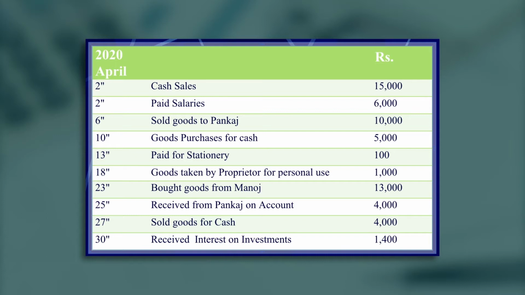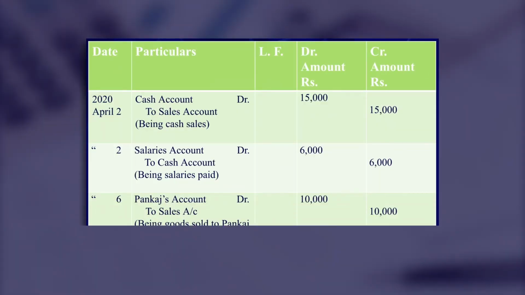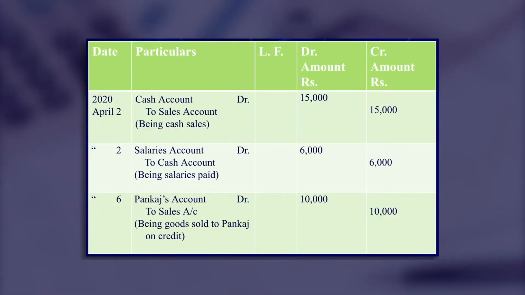Next one is sold goods to Pankaj. It means the business has made sales to Mr. Pankaj. When the name of the customer is given, it means that we have sold the goods to Mr. Pankaj on credit basis, because here it is not mentioned whether the goods have been sold on cash basis or on credit basis.